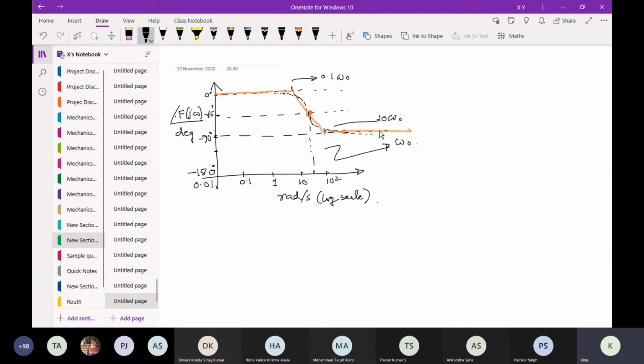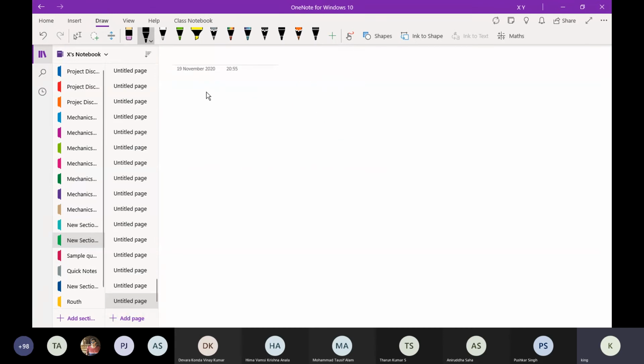So a very similar analysis will be there for a real zero.